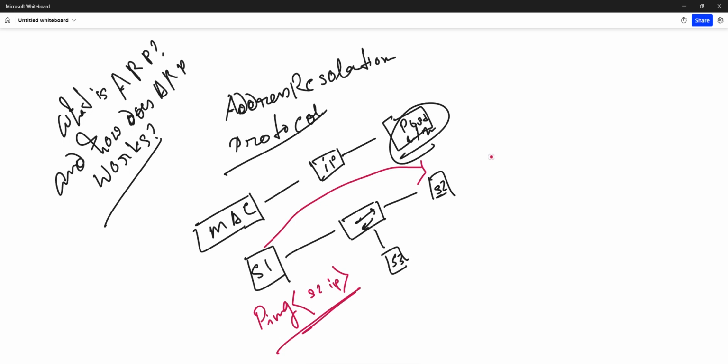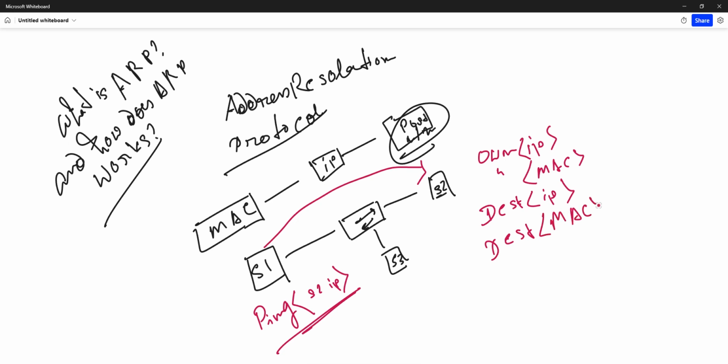The first packet, S1 says just like its own IP, own MAC, destination IP, and destination MAC.